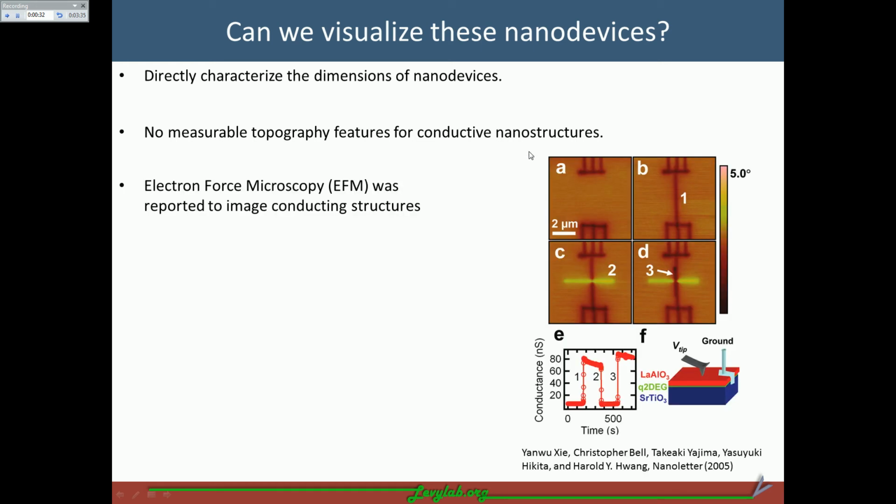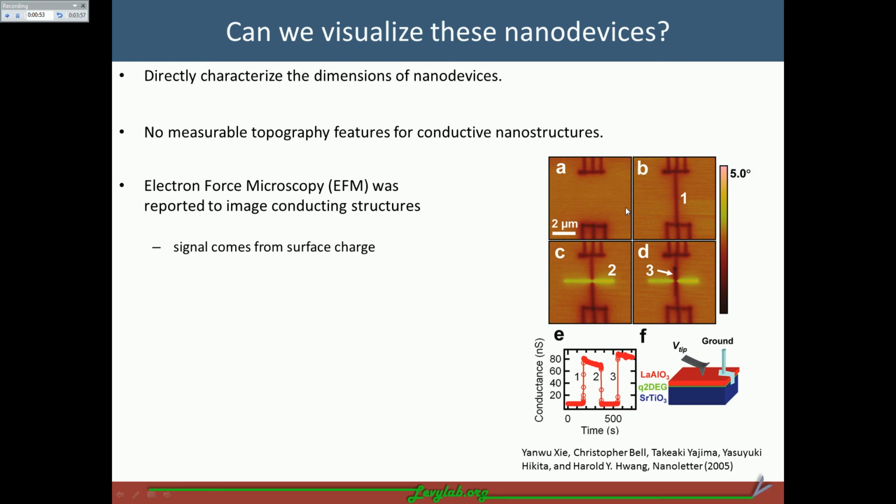Electrostatic force microscopy was also reported for imaging the conductive structures, which was done in Bark Bonn's group. So basically, as we can see here, they can write, cut, and rewrite the nanowires, and they can image them.